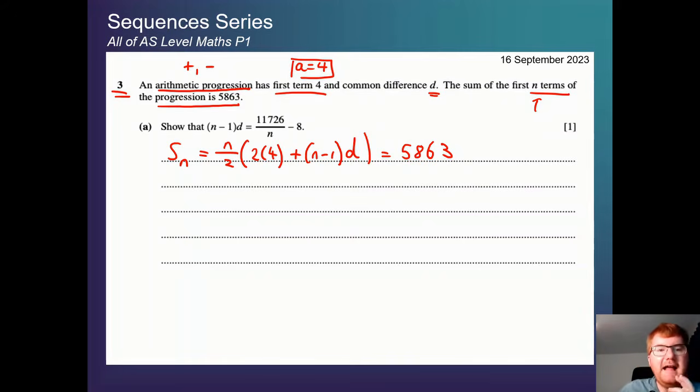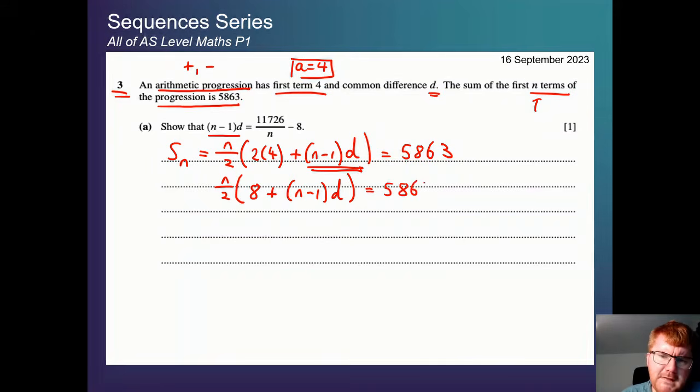Now, this is a really important algebra technique. I see what I have here, and I want to make it look like this. So essentially, I want to make this n minus 1 d the subject, this whole thing the subject. Now, the first thing I can do here is just do a little bit of simplification. So 4 times 2 is 8. I'm going to definitely leave the n minus 1 d alone because that's what we want at the end. Okay, well, we can certainly multiply both sides by 2 to get rid of this horrible fraction.